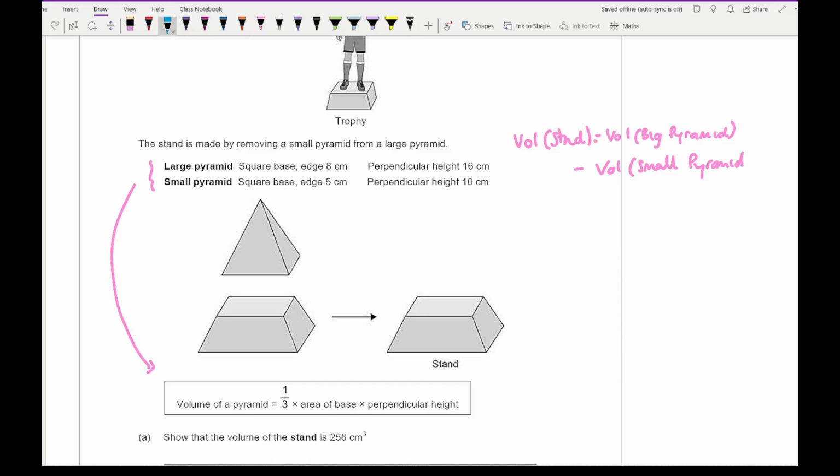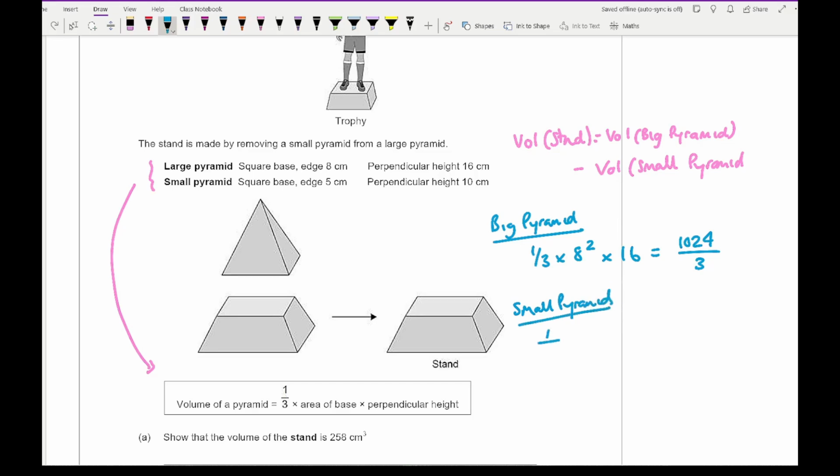For the big pyramid, it's going to be a third multiplied by the base area, which has an edge of 8, so it's going to be 8 squared, multiplied by 16, which gives me a value of 1024 divided by 3.